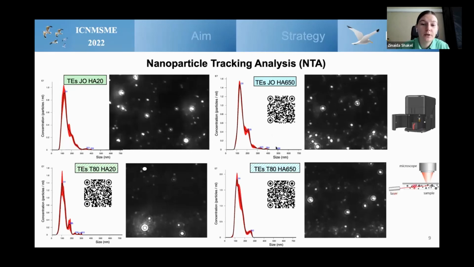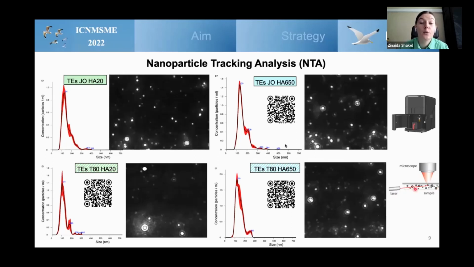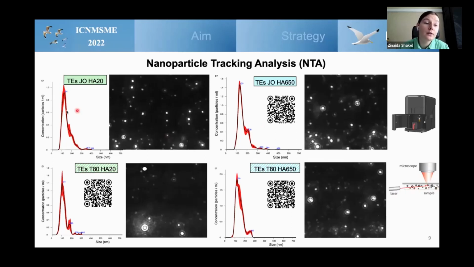Like the explanation of the method: we have a thin tube with a flow of really diluted nanoparticles, and a laser, which is used to visualize the nanoparticles with microscopy. And the result is comparable with the previous one, which I have from DLS analysis, and the composition with Tween 80 and small molecular mass has smaller size here too.